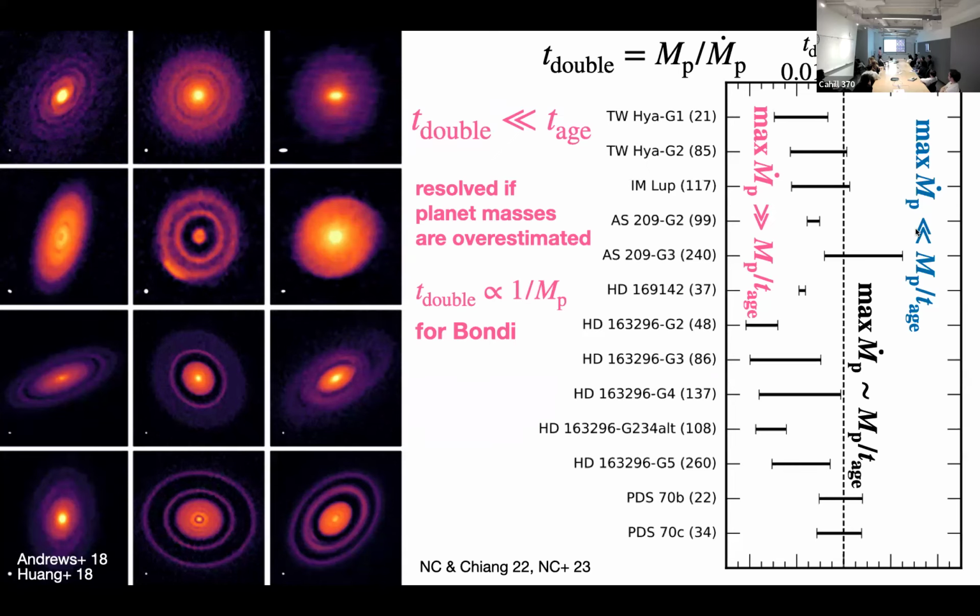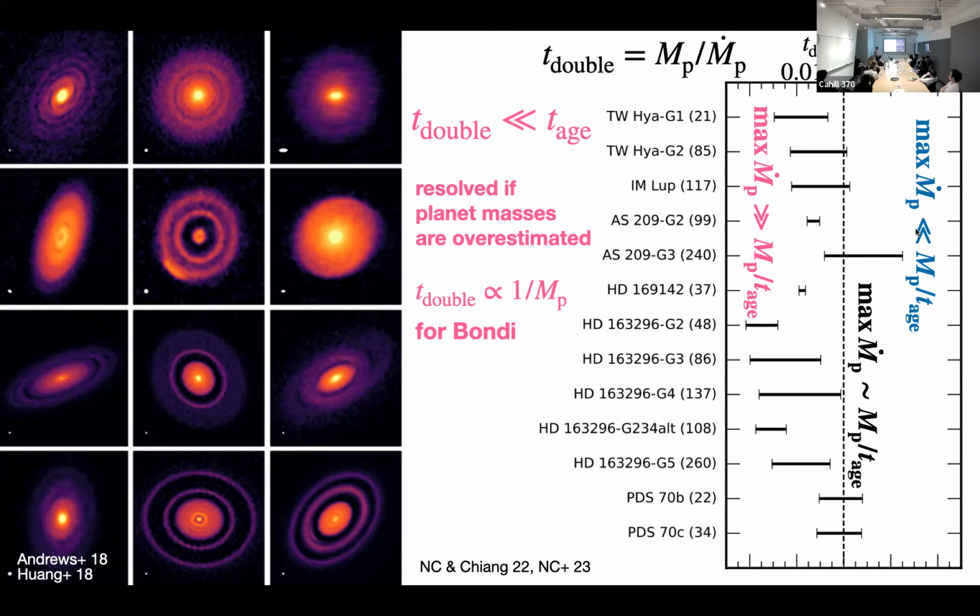Yeah, so these error bars, they're not quite error bars. They have physical meaning attached to them. So the range accounts for two things. One is mass. So you need the masses to be towards the low end, or maybe overestimated by a factor of 10. And then the other is getting a handle on the gas density in these gaps.